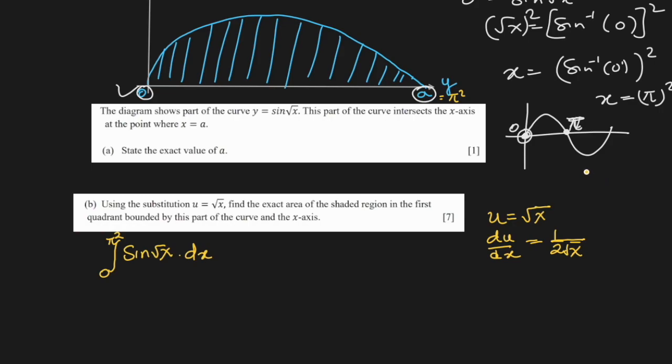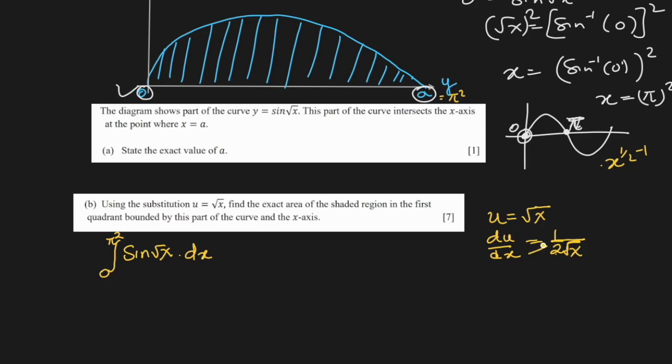If you want an explanation, let me tell you how. Square root x can be written as x to the power half. Half comes in front, it becomes 1 over 2. And then the exponent goes down by 1. Half minus 1 is negative half, which I make positive by bringing it down. That's why it is 1 over 2 square root x.